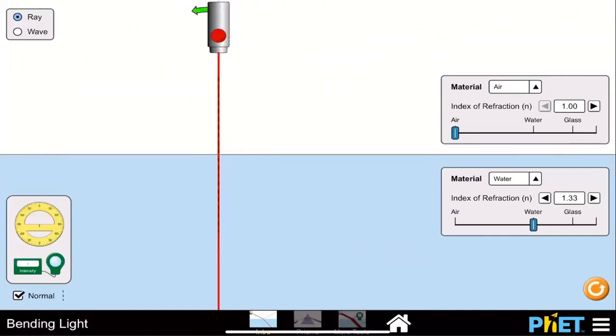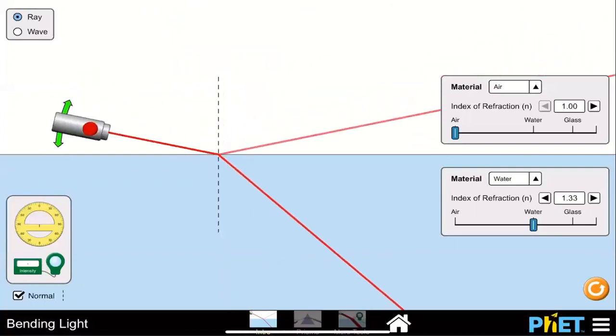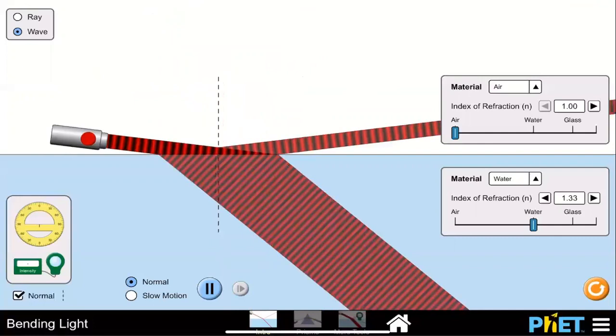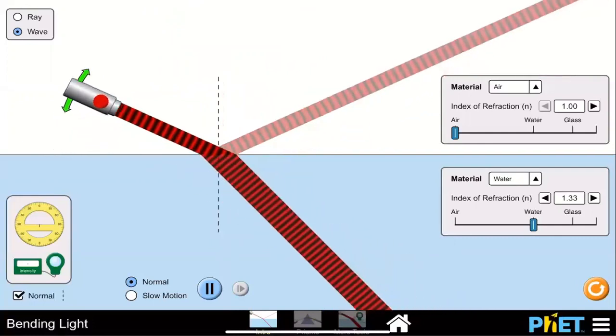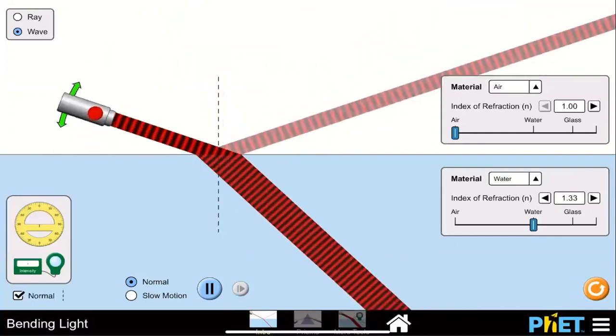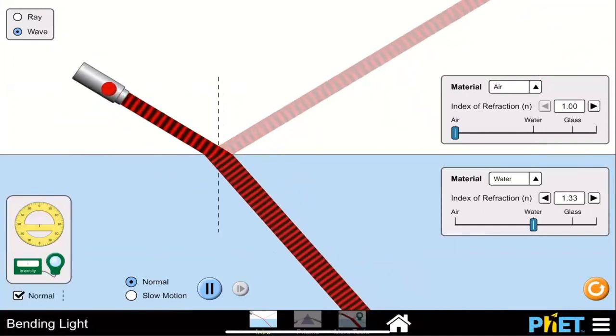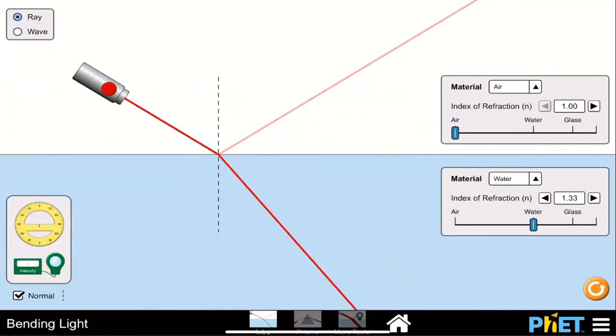As we move the laser pointer, we can see a refracted light and a reflected light. We can also use a wave instead of a ray, but we will go back to the ray as our point of example.